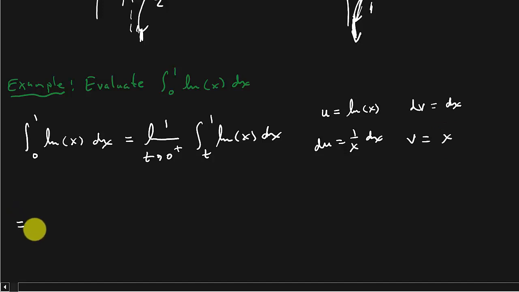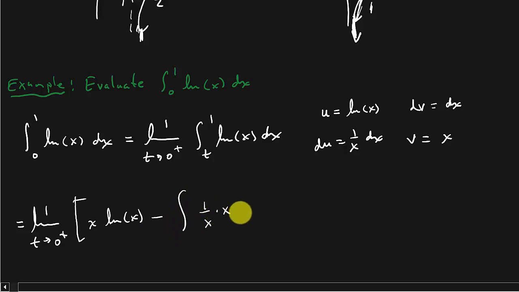So this is going to be the limit as t goes to 0 from the right of u times v, so x times natural log x, minus the integral of 1 over x times x dx.